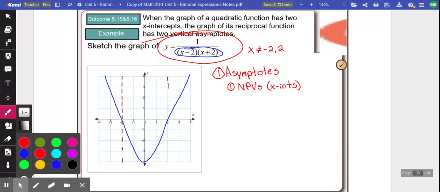Like that. The second spot for an asymptote is the x-axis. So it's always right here. In the future, that might change. Math 30-1, that changes. But in Math 20-1, it just always stays there. Cool, so that's your first step, right?